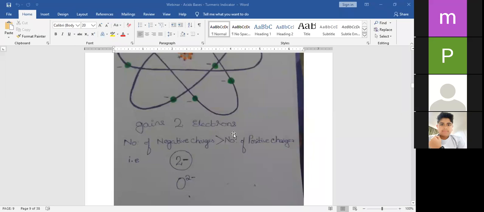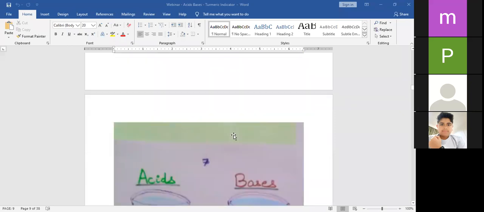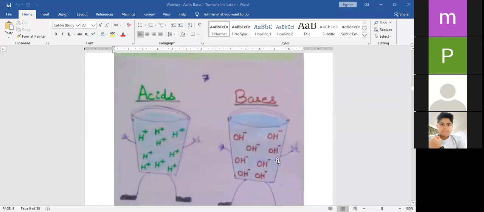I mean, bases contribute OH minus ions in an aqueous solution. So I'll just show that diagram. Now you can remember this picture in mind when you want to think about acids and bases. So acids contribute H plus ions in aqueous solution, and bases contribute OH minus ions in aqueous solution.